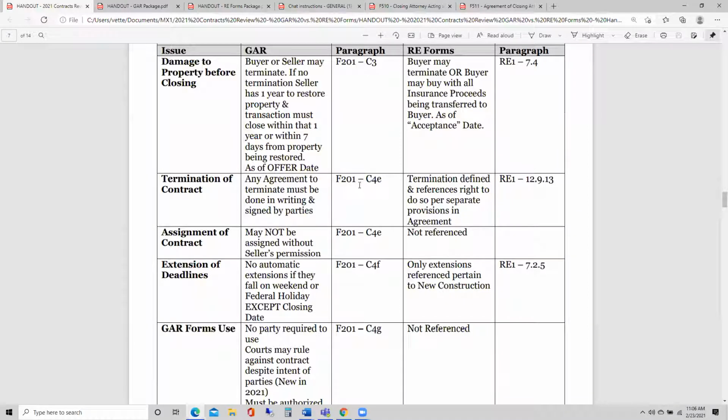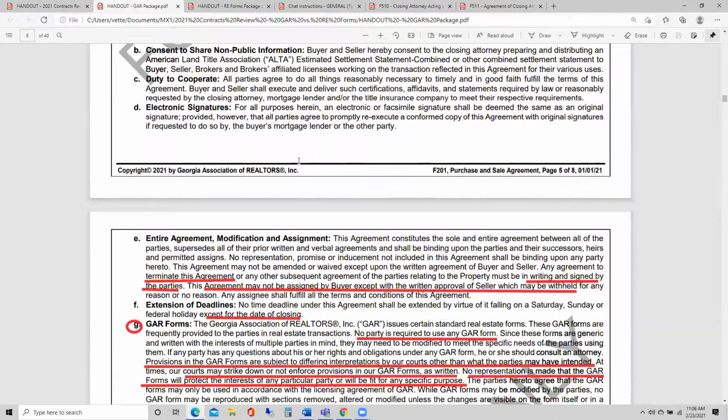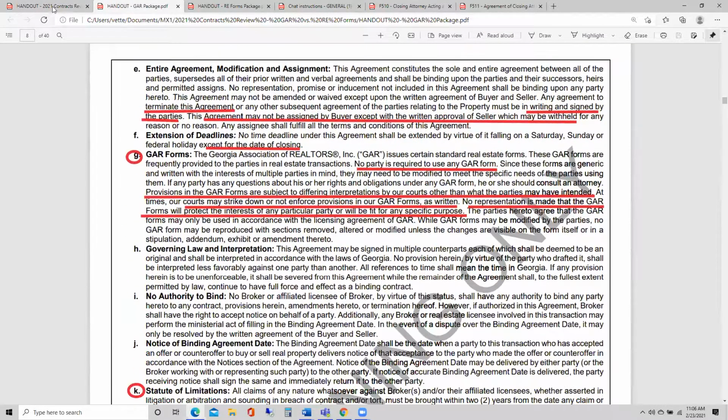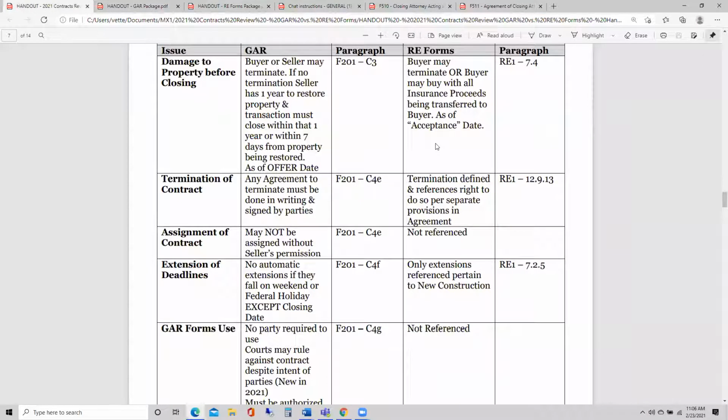Under termination of contract, in the GAR contract, it specifically says, let me see where it is again, C4E, that if a party is going to terminate, it must be done in writing and signed by the parties. In the RE Forms contract package, it doesn't have any specific separate paragraph regarding termination.